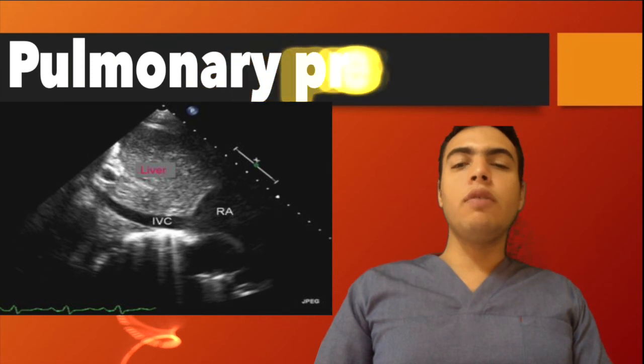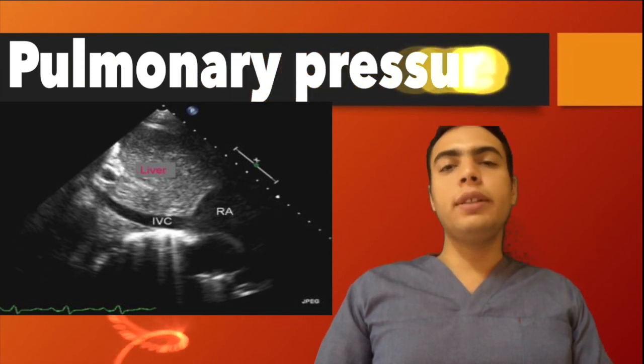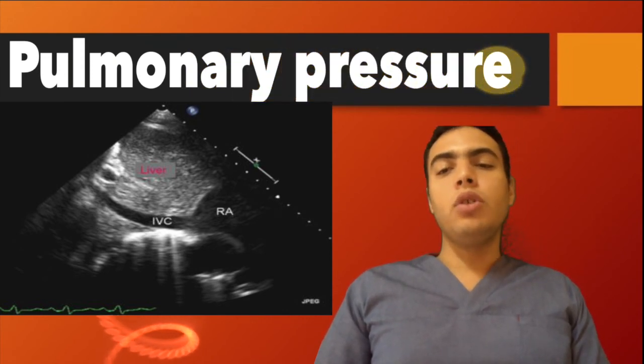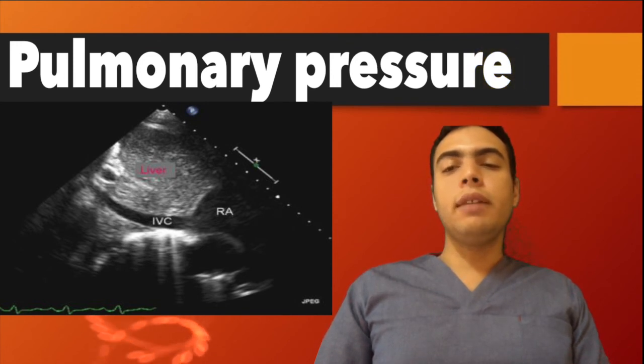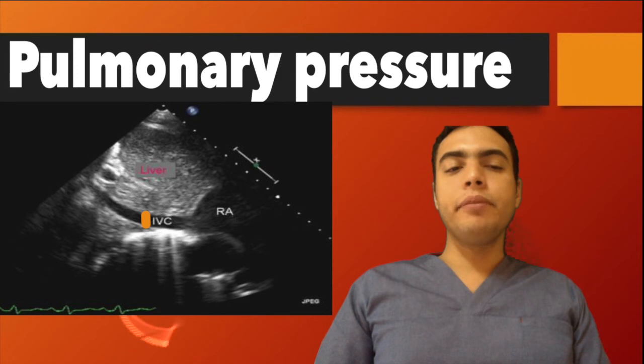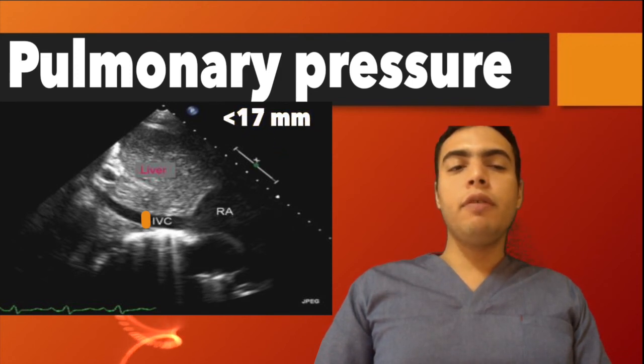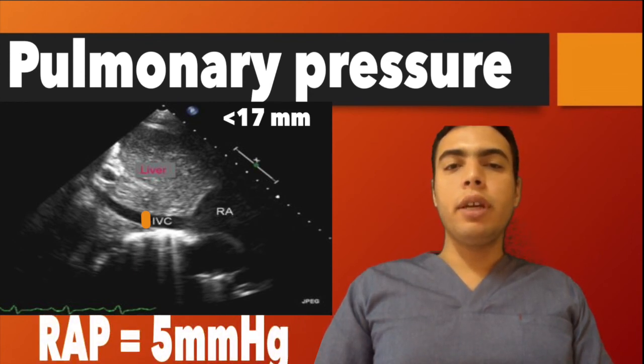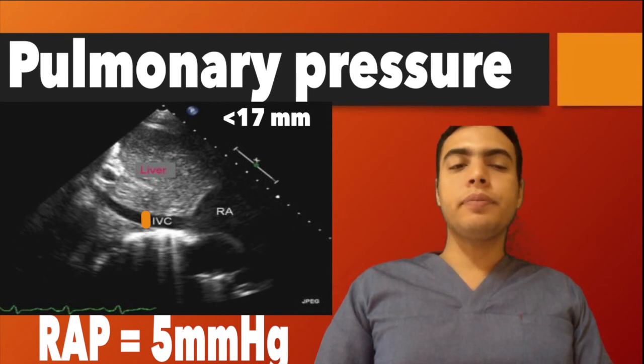And now let's talk about the detection of the pulmonary pressure. Actually, to detect the pulmonary pressure, you shall get a subcostal inferior vena cava view. Then you measure the inferior vena cava. If it is less than 17 mm, this means that the right atrial pressure is about 5 mm mercury.